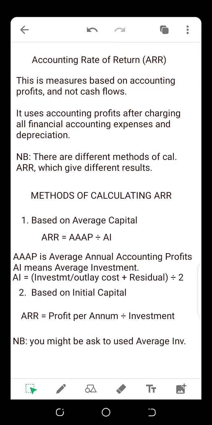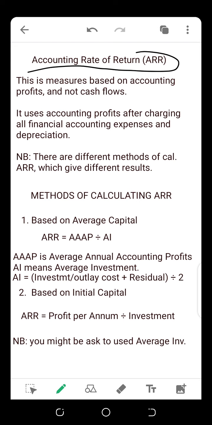We shall be looking at the second part of the traditional method, which is the accounting rate of return. Unlike the previous one, which was on payback period, today we shall be looking at the accounting rate of return.